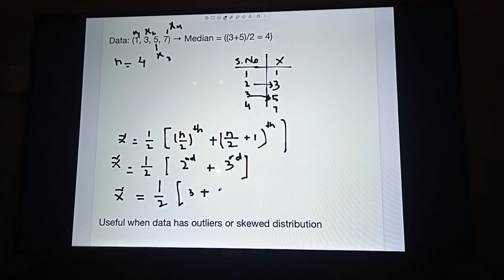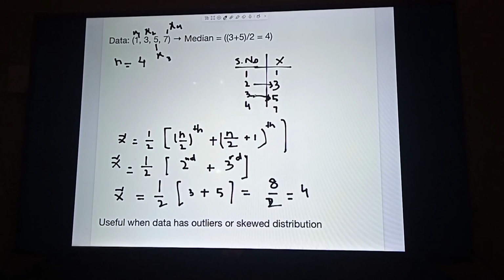This is 5. So this will become (3 plus 5) divided by 2, which is 8 divided by 2, and 8 divided by 2 is equal to 4. So sample median is equal to 4 in this case.